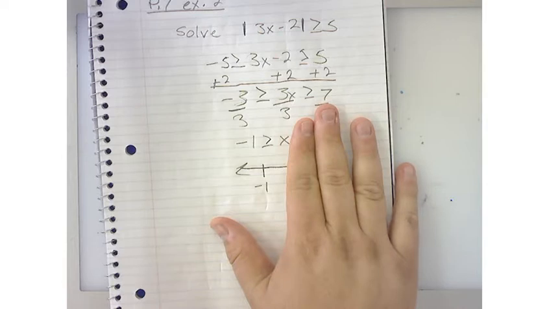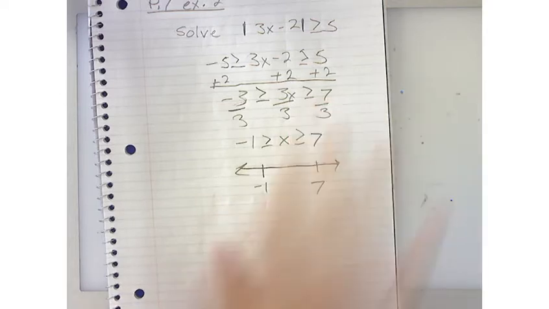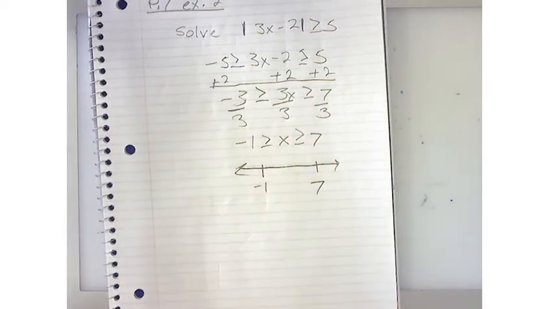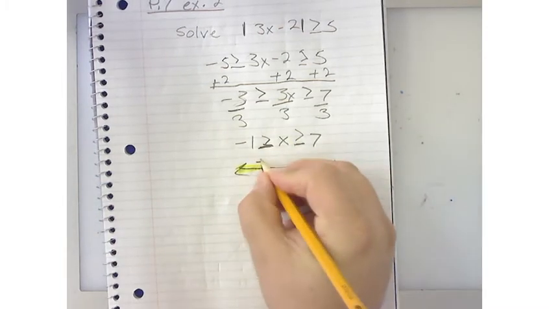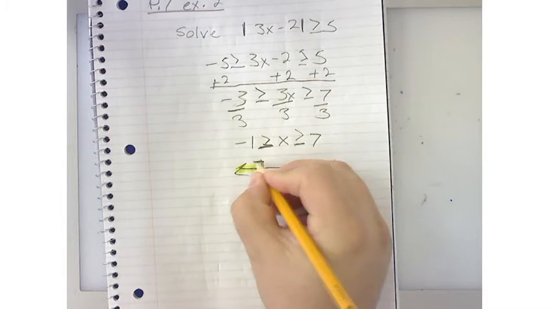Negative 1 is greater than this number, negative 3. So that means we're going to have to be on this side. Now, do I do a parentheses or bracket? Bracket. So I'm going to make a bracket here, and then I'm going to go this way.